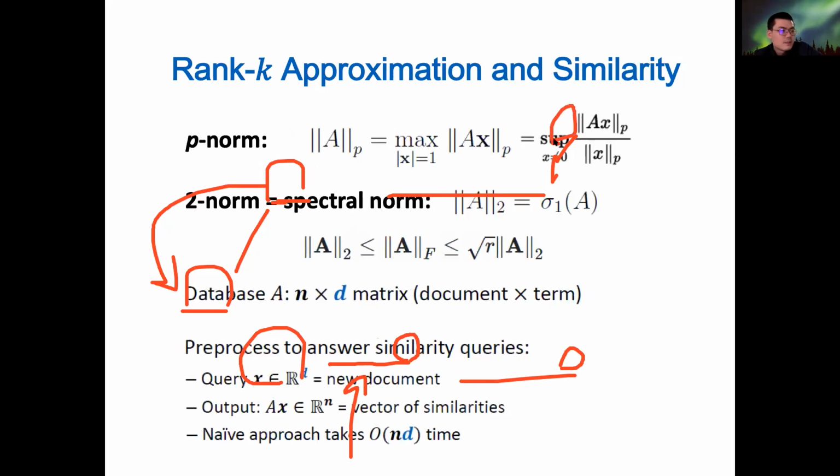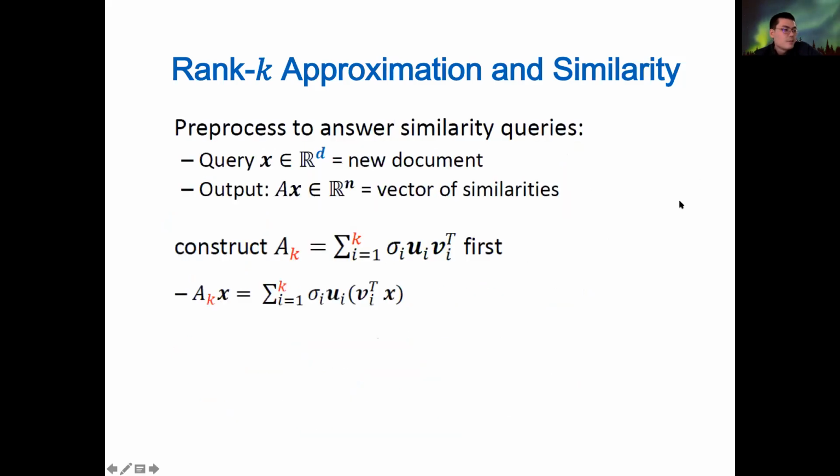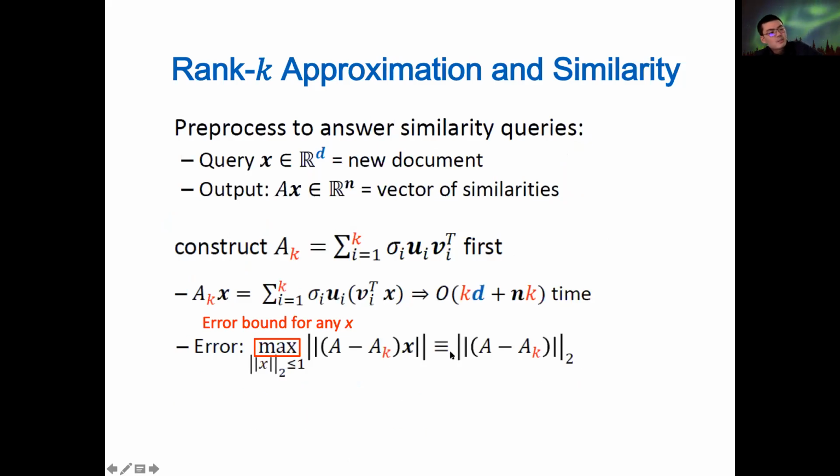So no matter how you change x, this value is going to be upper bounded by the 2 norm of A minus AK. Any question here? I hope you can follow this.